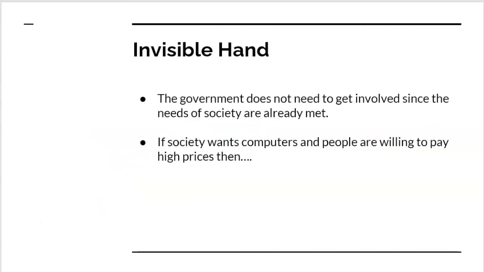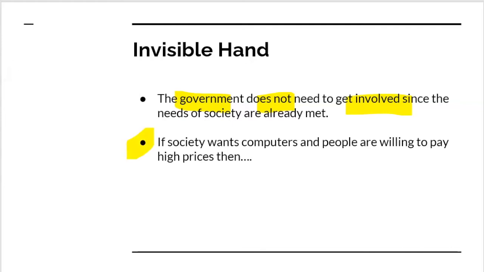And so, if we go way back to Unit 1, with this idea of the invisible hand, remember, the invisible hand is tied with the free market. The invisible hand states that the government does not need to get involved, since the needs of societies are already met. And if there is a problem, the invisible hand will sort of maneuver our economy to get us back to that socially efficient output, socially efficient quantity.